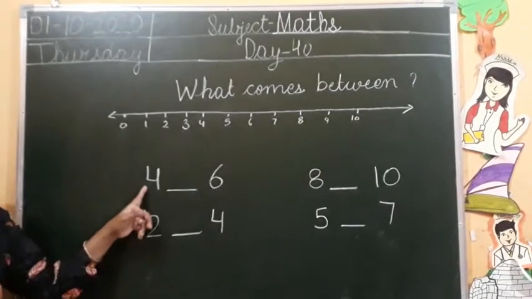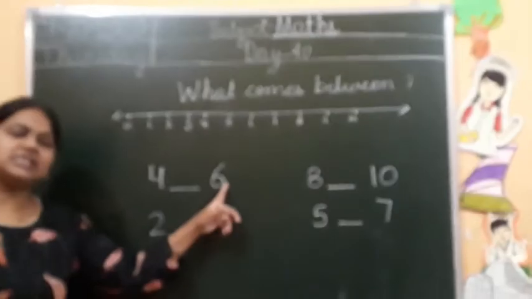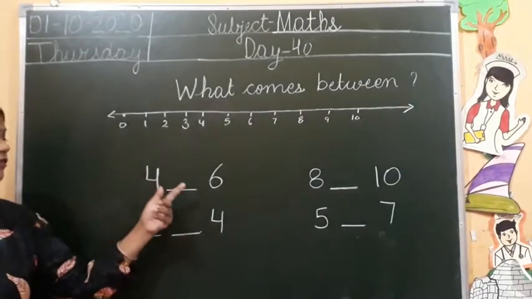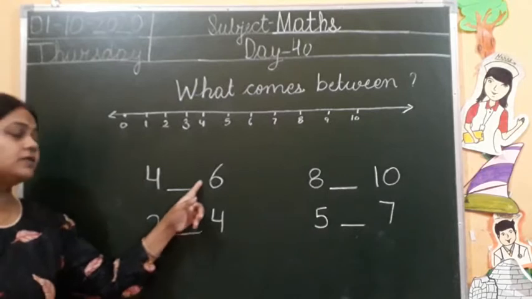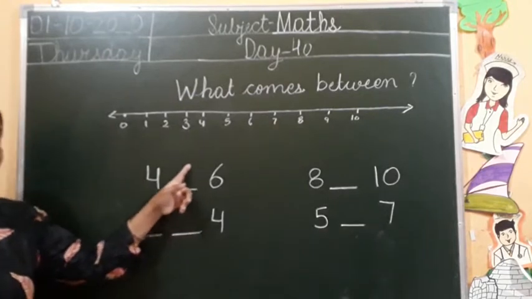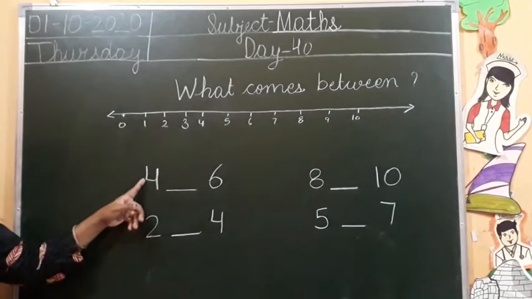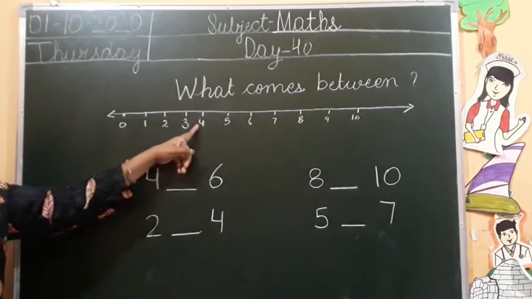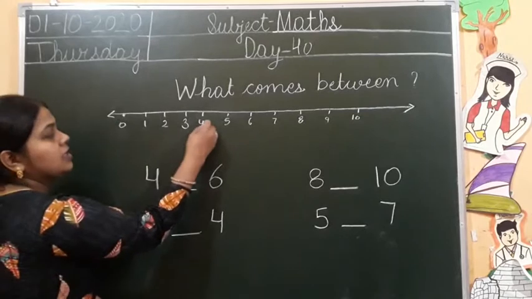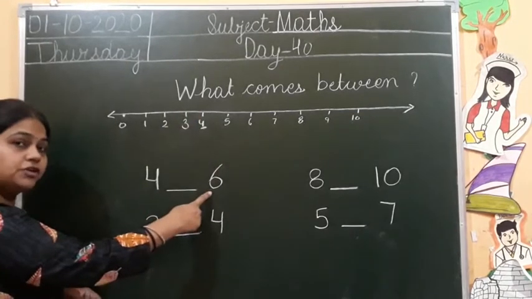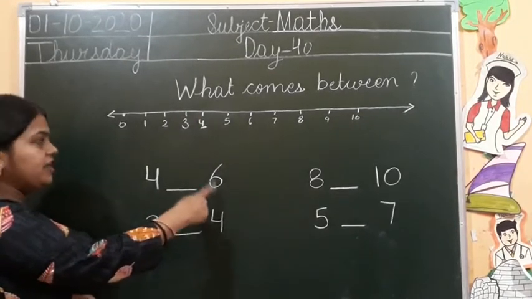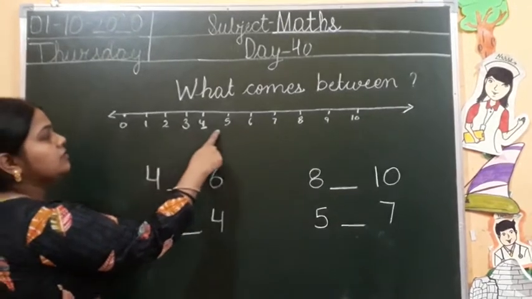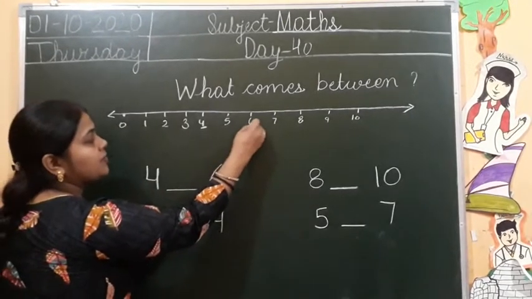So here we can see a number 4 and this is number 6. So we have to find out what number will come in this place. Okay. First we will find out where is 4 on this number line. This is number 4. Now 6 is also given. Now we will find where is 6 number. This is 6 number. Okay.